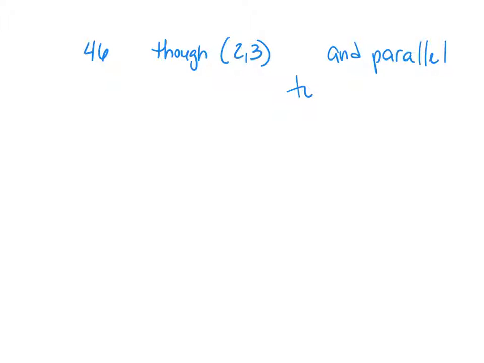Number 46 says, find the equation that passes through 2, 3 and is parallel to y equals negative 4. Well, here on the parallel ones, you need to realize that a parallel line at y equals negative 4 goes like this.